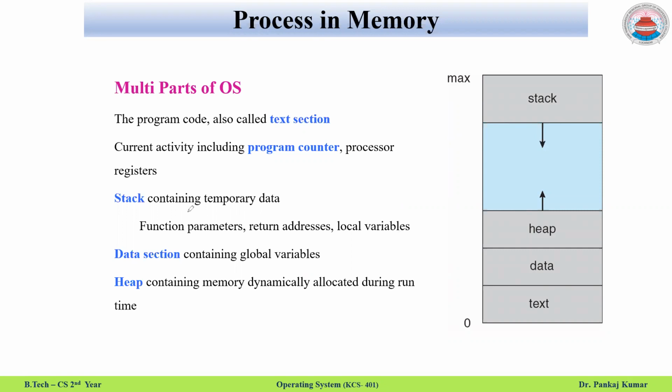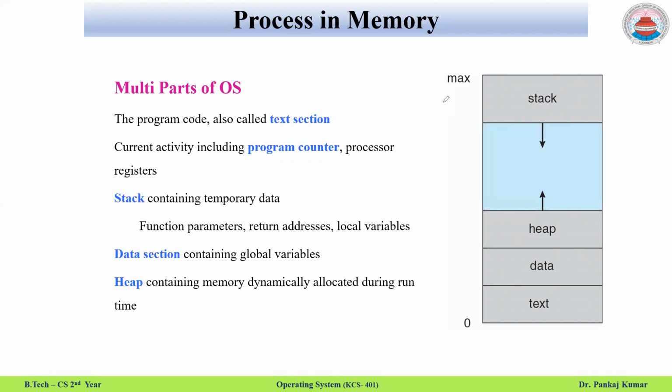There is a stack. All these things are implemented through the stack. There are function parameters, return address, local variables, data section, and heap. The heap is dynamic memory allocated during runtime. So this is the structure of a process in memory.